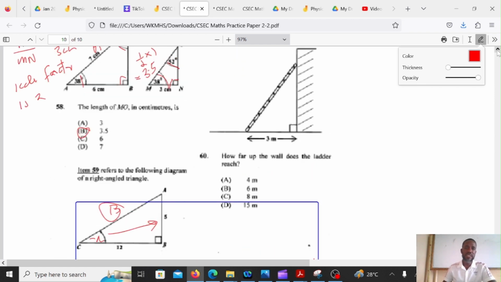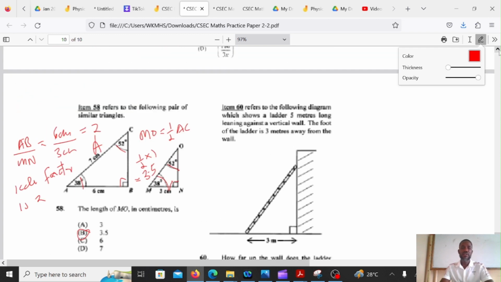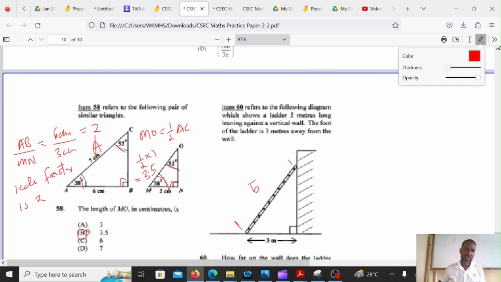And question 60 says, how far up the wall does a ladder reach? Given that, sorry about that, it refers to the following diagram, which shows a ladder of 5 meters. So it means that this ladder here is 5 meters. Okay, so applying the same concept of Pythagoras' theorem, that the square of the hypotenuse is equal to the sum of the squares of the other two sides.